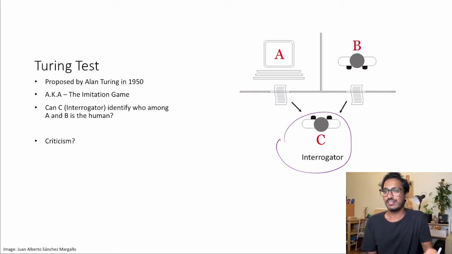You can see in Terminator, the Terminator pretends to be human, or, what was that one? Westworld. I think Westworld is the TV series where there's a confusion between who the AI is and who the humans are. So this was a really famous test to decide whether a machine is intelligent.